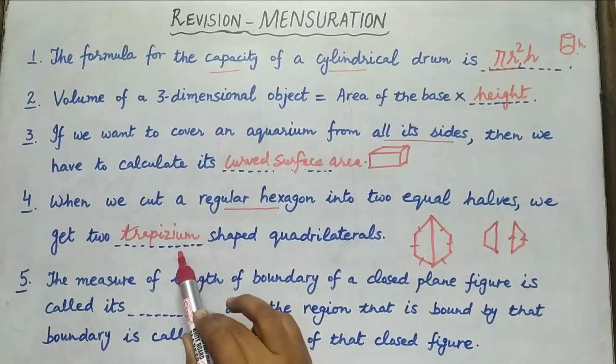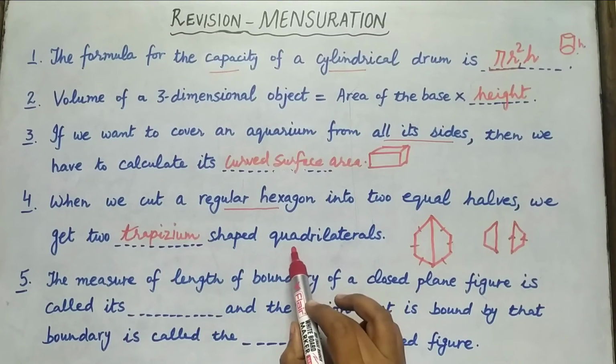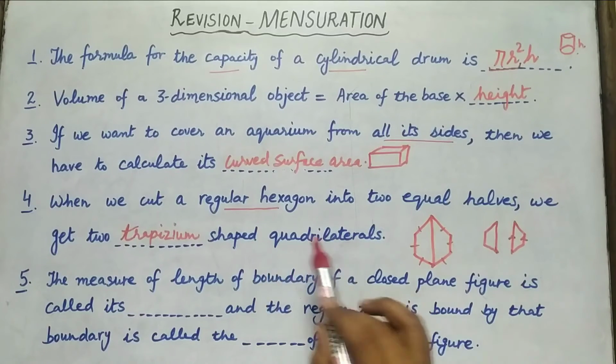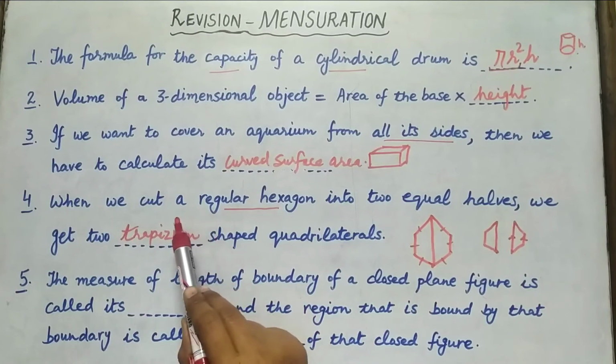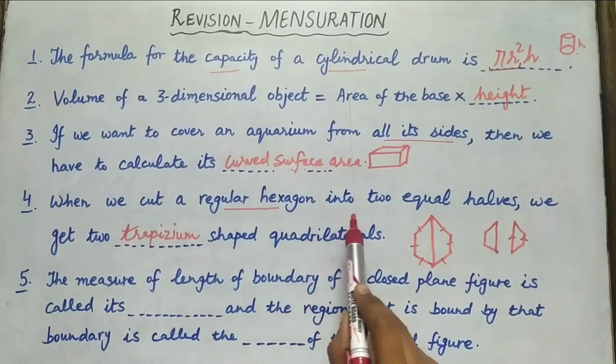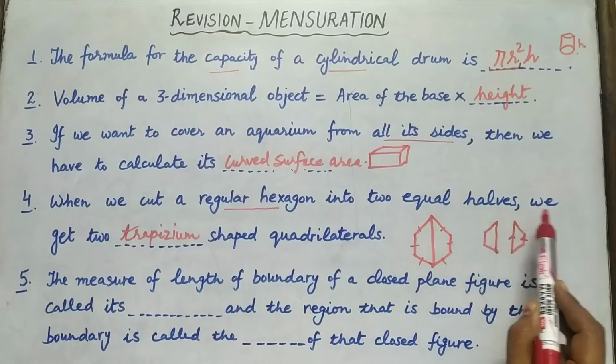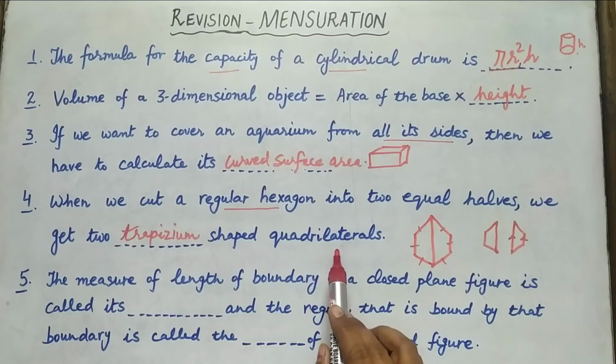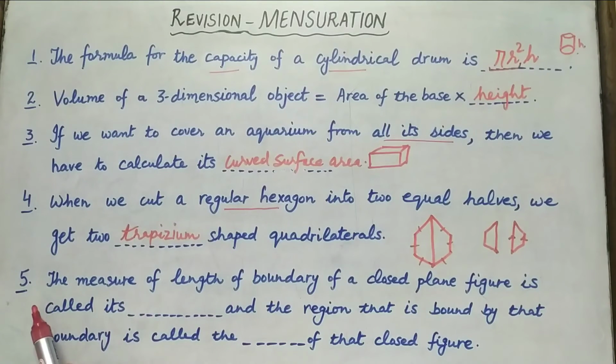It is a trapezium shape. Quadrilateral means four-sided figure. Quad means 4. So our answer is: when we cut a regular hexagon into two equal halves, we get two trapezium-shaped quadrilaterals.